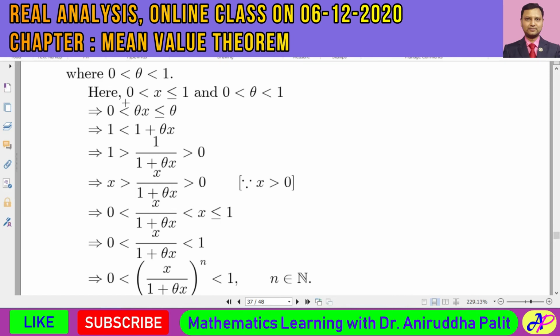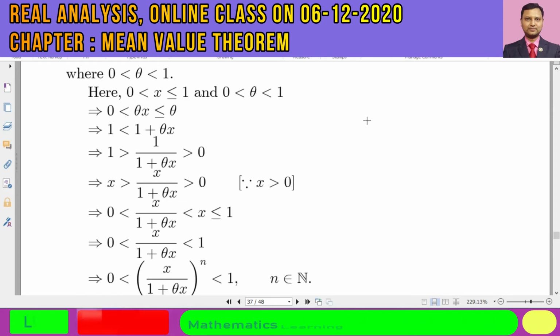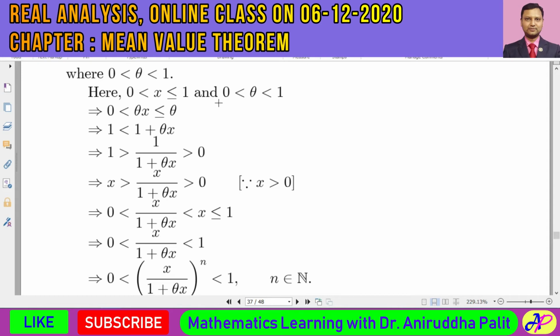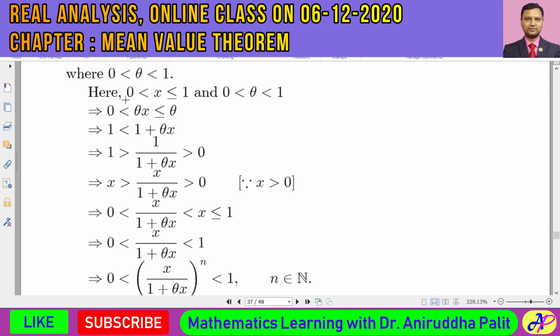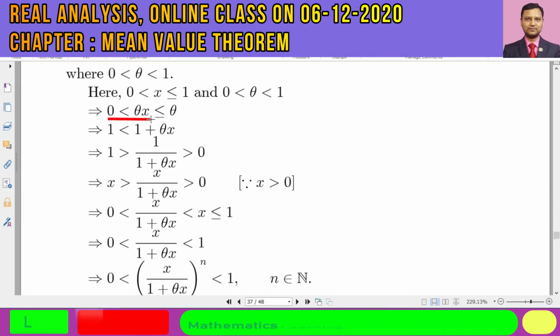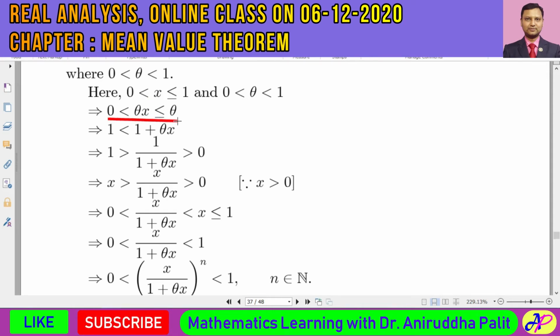How to prove this result? We have these two inequalities: 0 less than x less than or equal to 1 and 0 less than theta less than or equal to 1. If this first inequality is multiplied by theta, which is a positive quantity, we have 0 less than theta x less than or equal to theta.